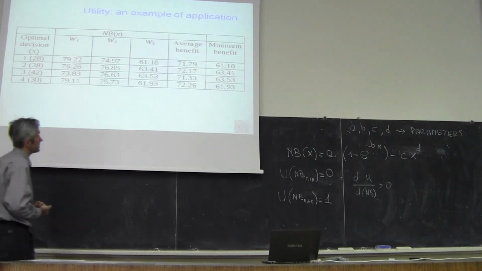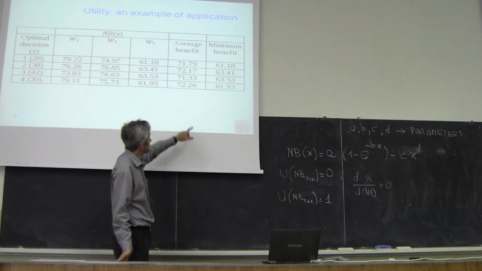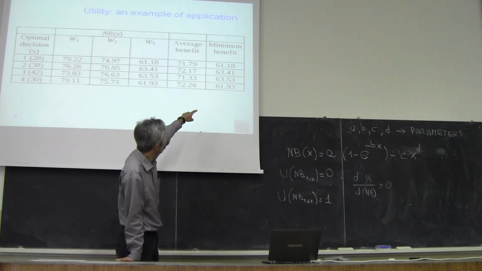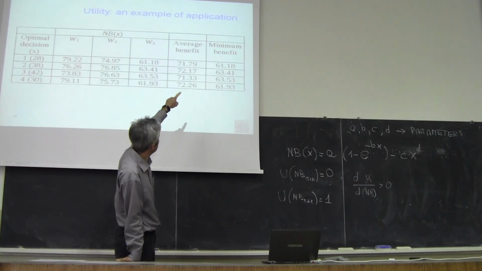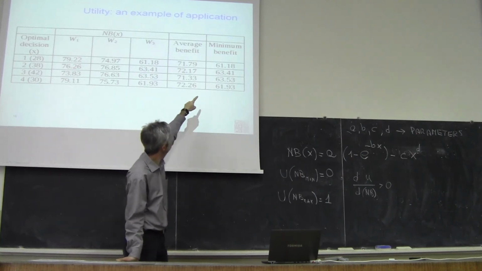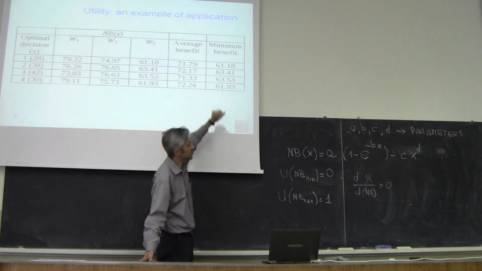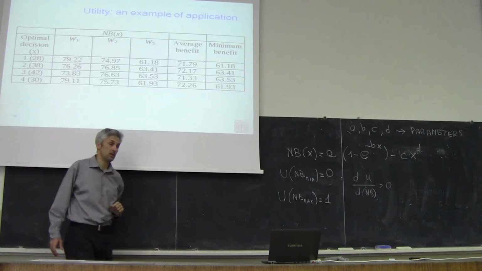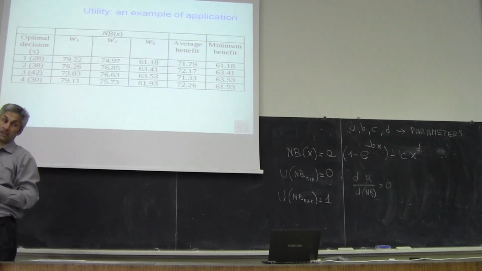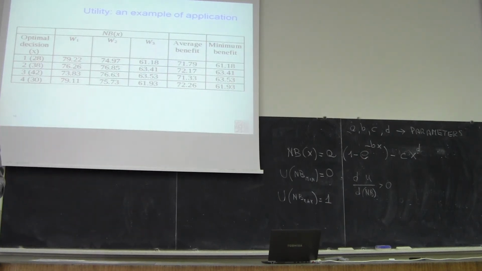And if you look at the maximum of the minimum, what is the best solution? It would be the third one, 63 times 53. Okay, these are two possible solutions.